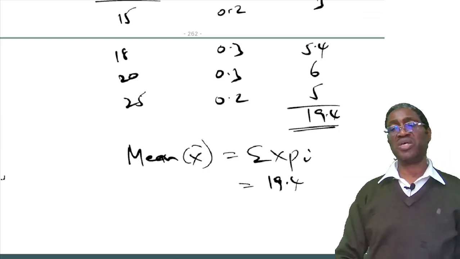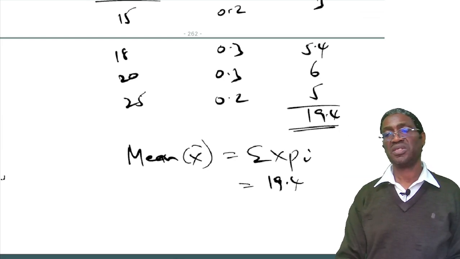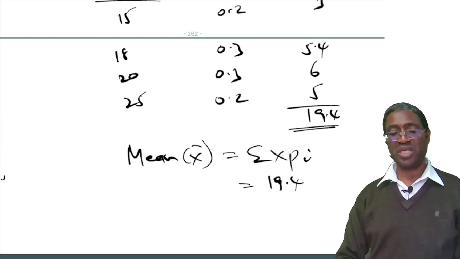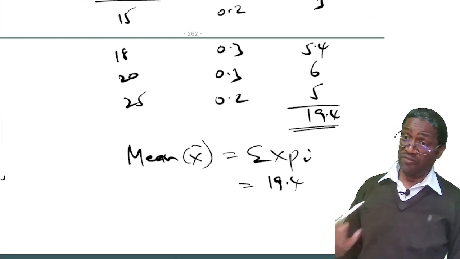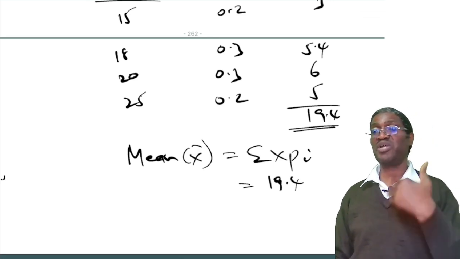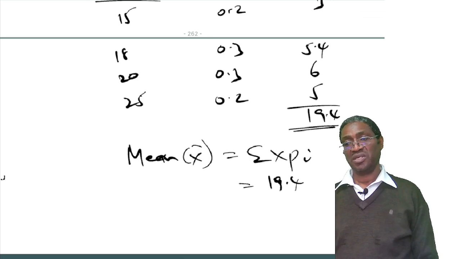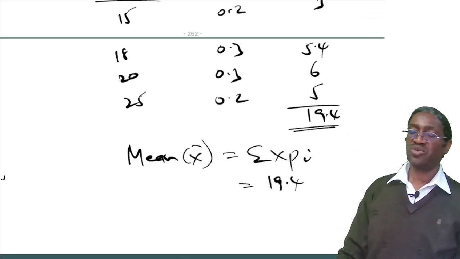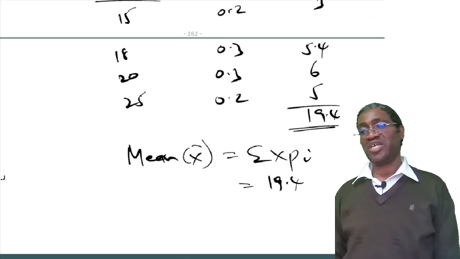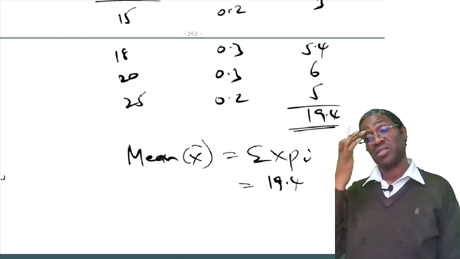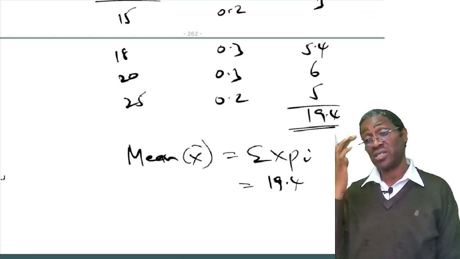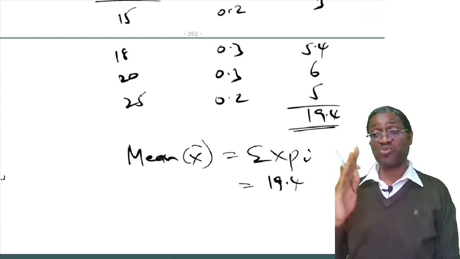Let us now do the standard deviation. We shall borrow the formula for standard deviation. It's only that we are bringing in the concept of probability. Of course, don't forget, to get the standard deviation, you're first getting the variance. How do you get the variance? You get the deviations from the mean.